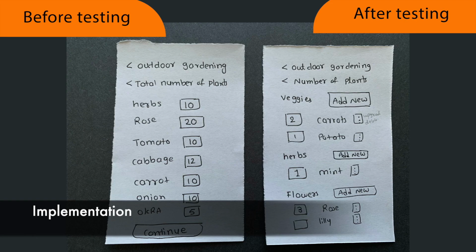Another implementation on the screen is about indoor or outdoor gardening, selecting a total number of plants. In the previous screen, the user did not find any button to add a new plant.